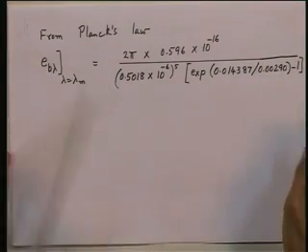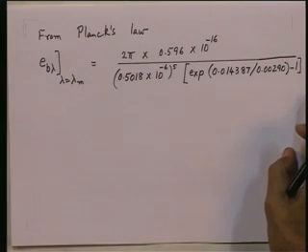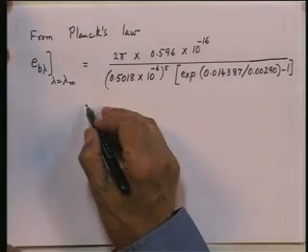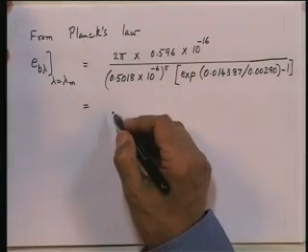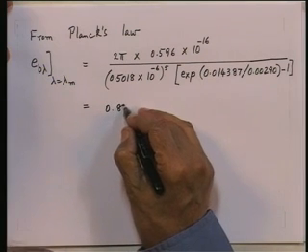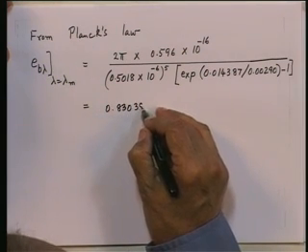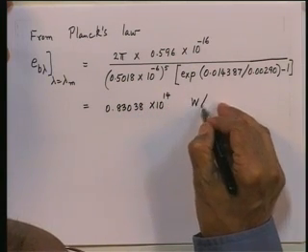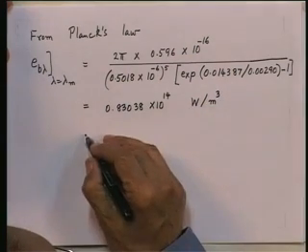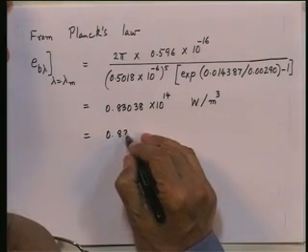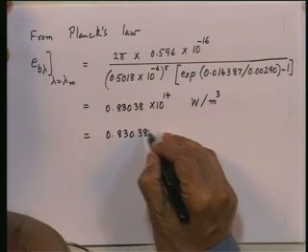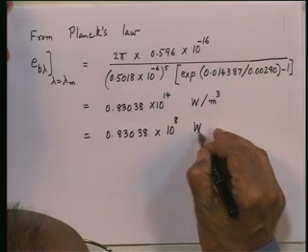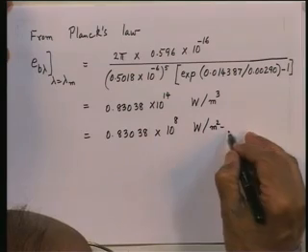Okay. On doing the calculation, we will get this is equal to 0.83038 into 10 to the 14 watts per meter cube, or if you want to express it in the units which we usually do, 8308 into 10 to the power of 8 watts per meter squared micron.